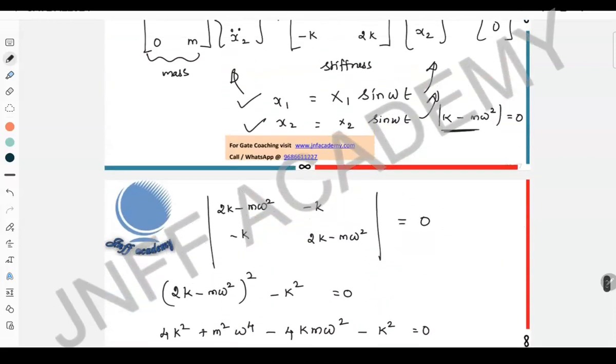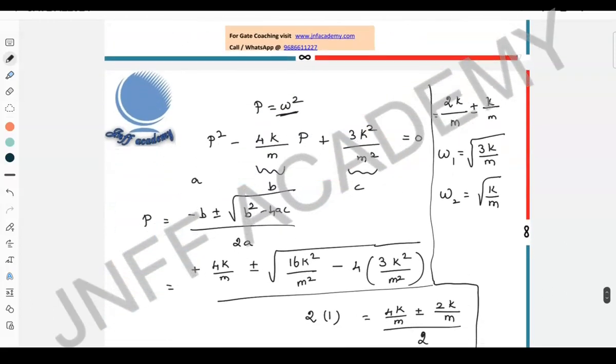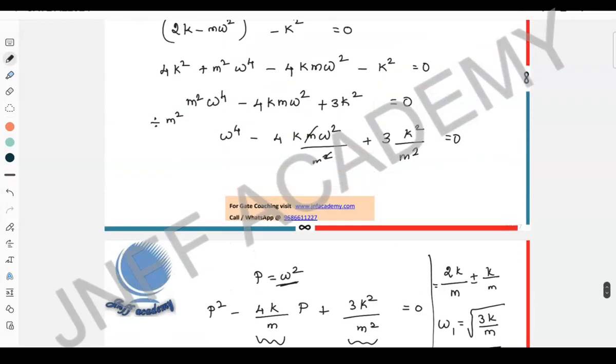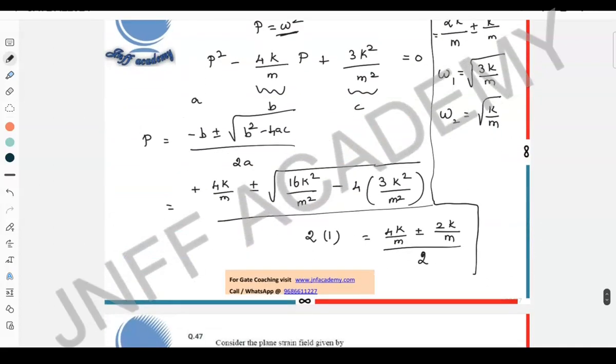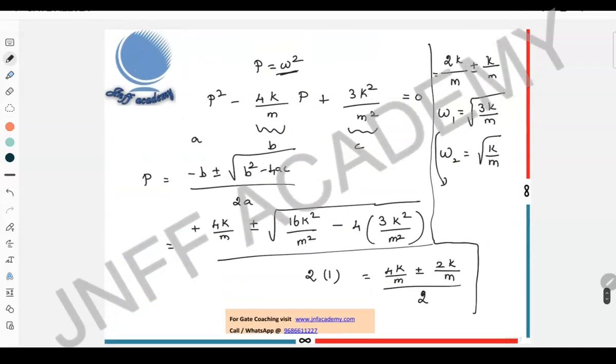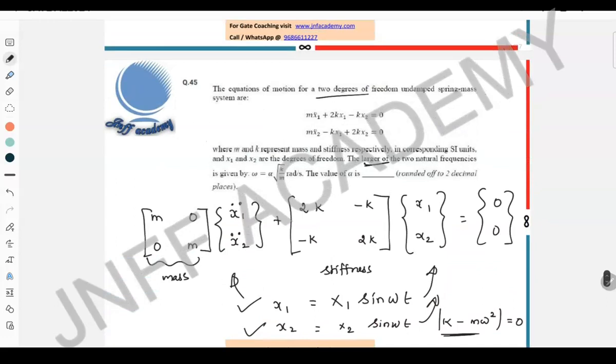In our question they asked to find out the larger value. Out of these two natural frequencies they are asking the larger value, in 2 decimal places. So we will take our omega 1 is equal to root 3, root 3 means 1.732 times root of k by m. So this is our alpha value, 1.732. Alpha value is 1.732.